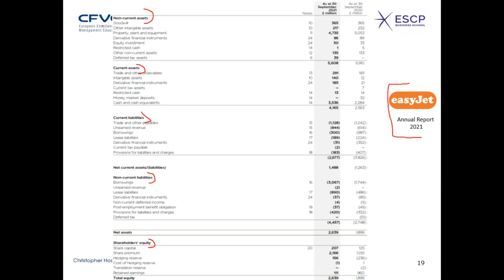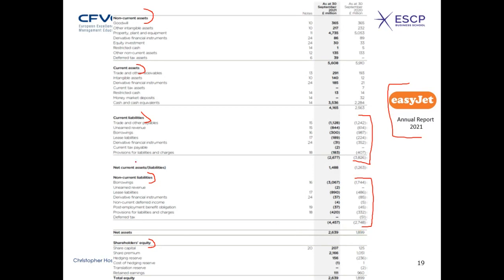But we see here for EasyJet, we don't have that. For example, they do not present total assets. They do not present total equity and liabilities. In addition, liabilities, here is one liability block, here is another liability block, are presented as numbers in brackets, which means negative numbers. So here actually liabilities are deducted.